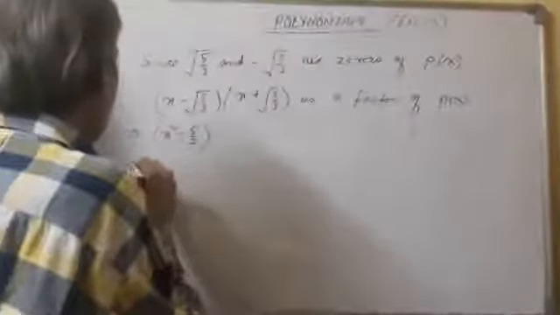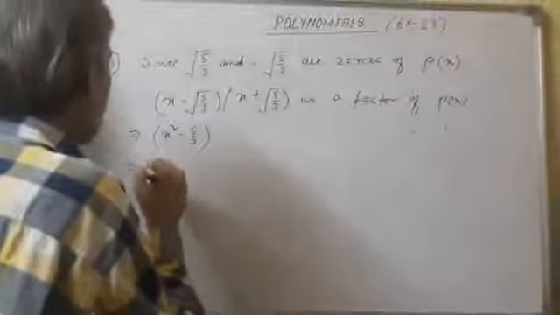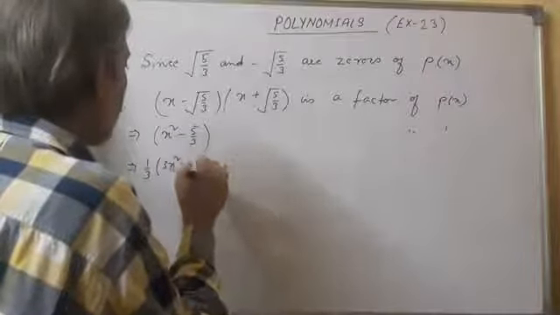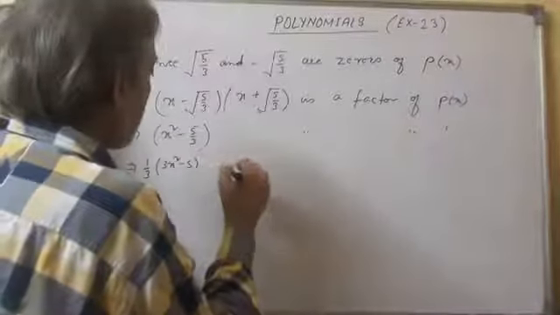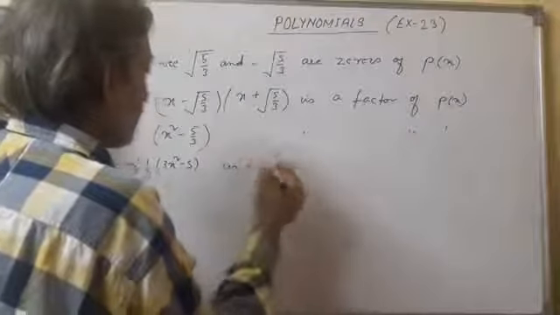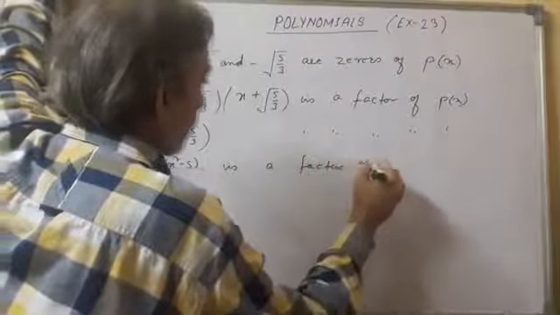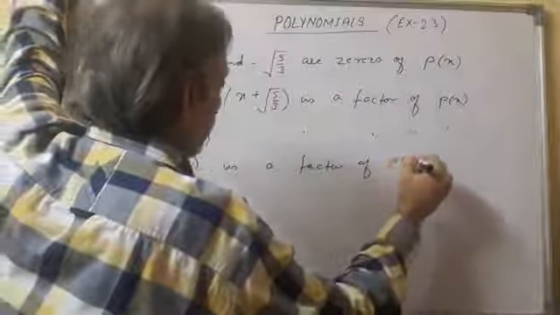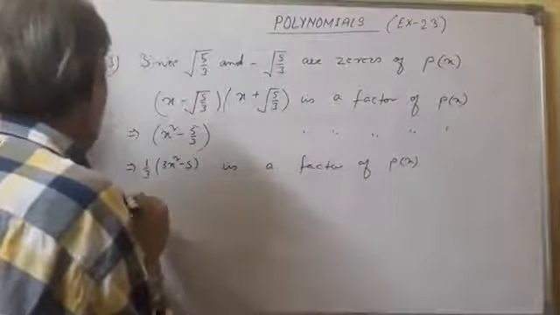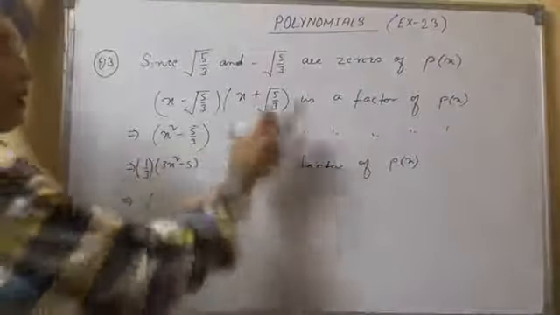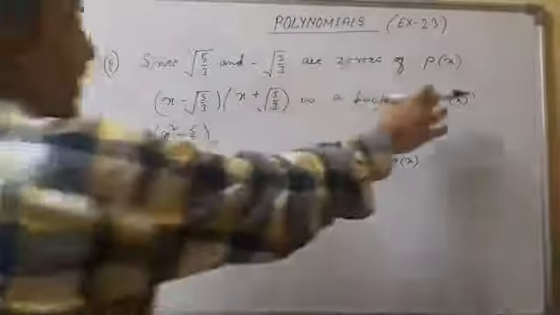Now just simplify it a bit. So you can write it as 1 by 3 into 3x square minus 5 is a factor of px. And this implies, look, now this into this is a factor of px.